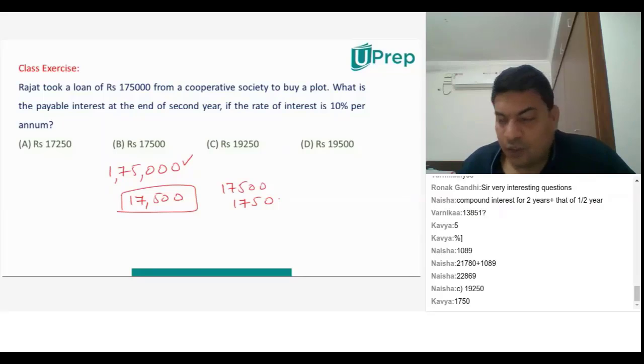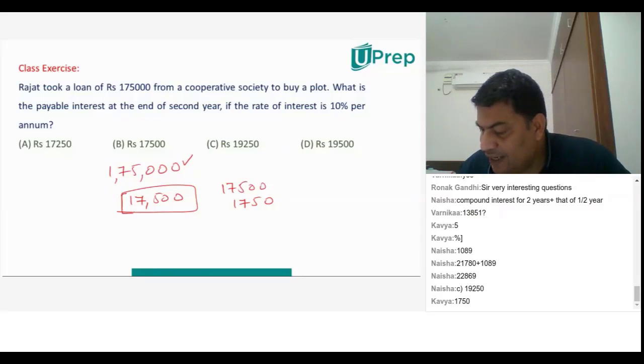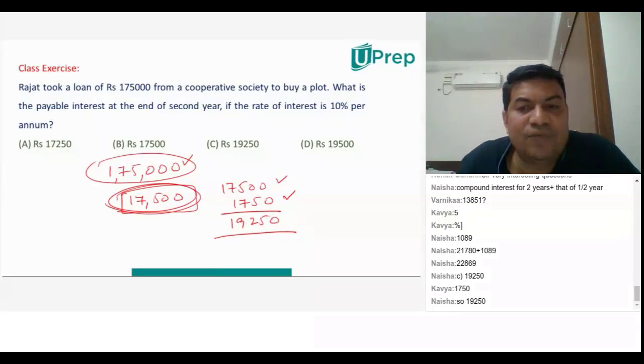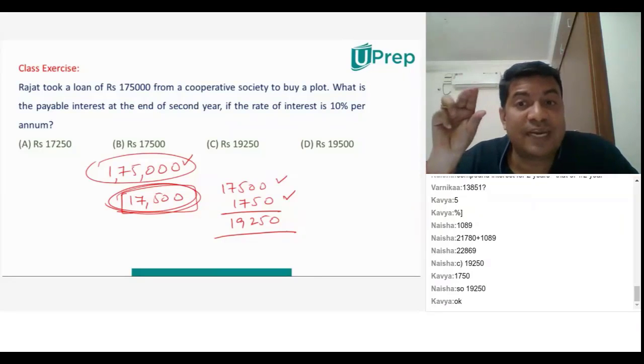So this is the interest at the end of 1 year. Whereas at the end of 2 years, you will pay the interest on this principal, plus interest on this interest, which is 1,750. The sum of that will give you 19,250. So that's the interest calculated at the end of 2 years, exclusively for the second year.